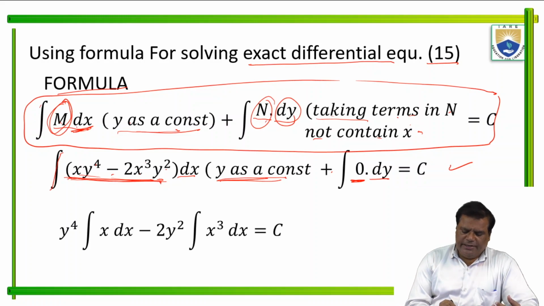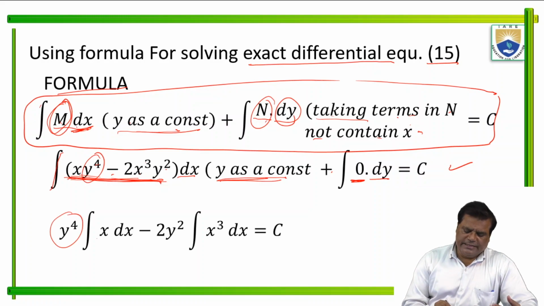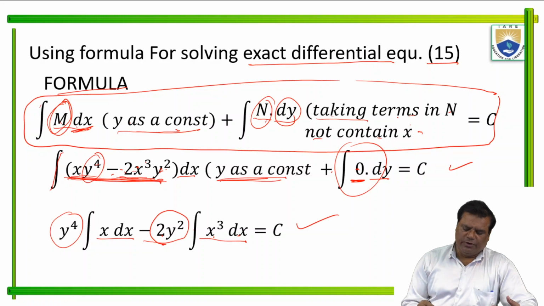Now integrating this term, y to the power 4 is constant, so we take it out of the integral: integral of x dx. The second term, 2y squared, is constant, so we take it out of the integral, leaving x cubed dx. The integral of 0 equals C only.